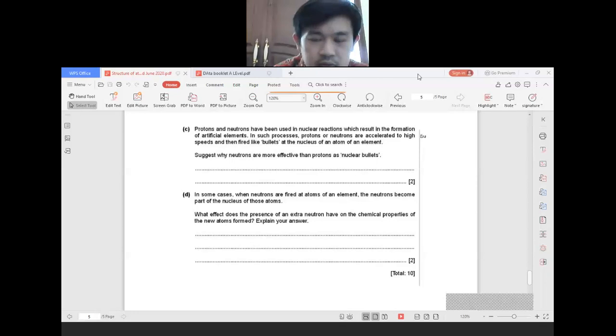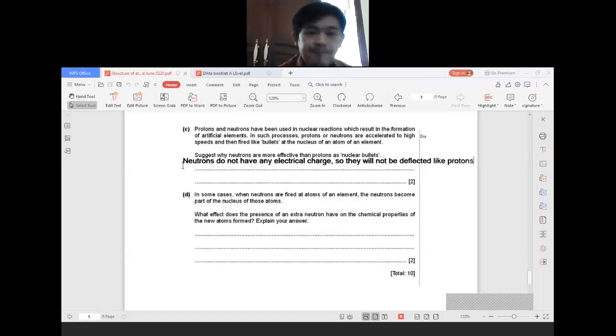It is because neutrons do not have any electrical charge, so they will not be deflected like protons.